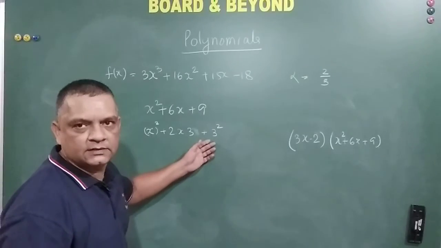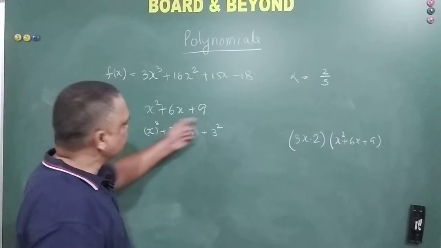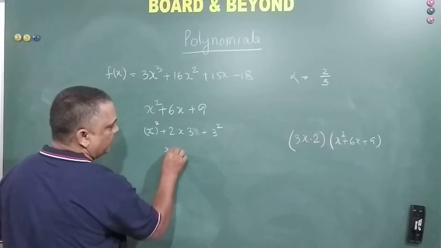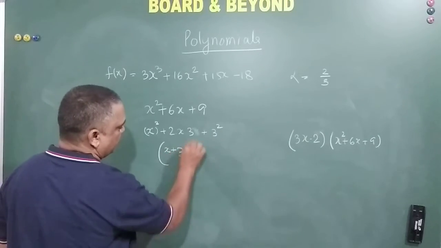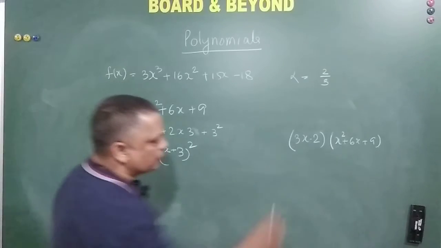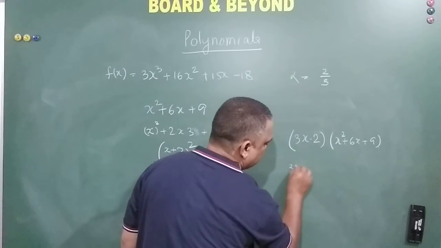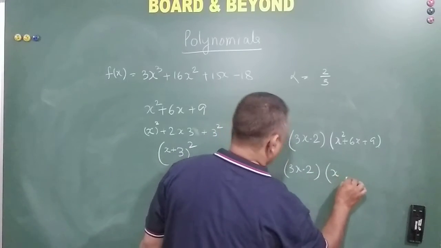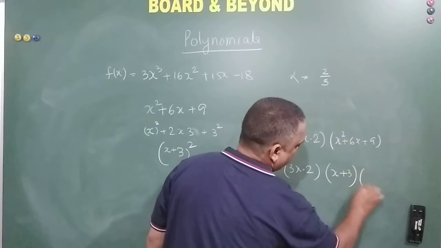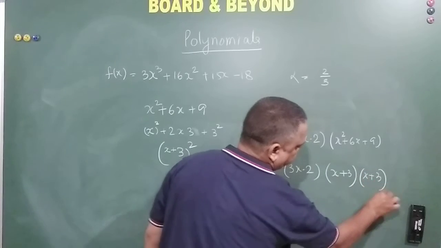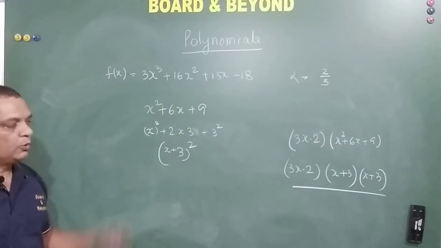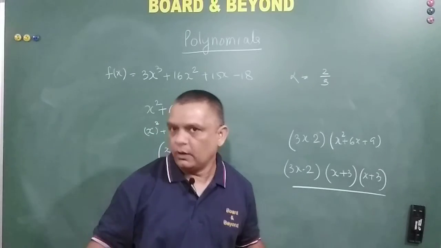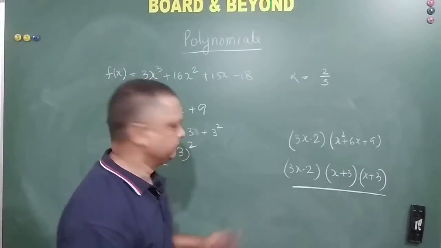Is this a form of a plus b whole square? So a is x and b is 3. So the factors reduce further to x plus 3 into x plus 3. Now all the factors are linear factors which cannot be further broken. Now we stop here.